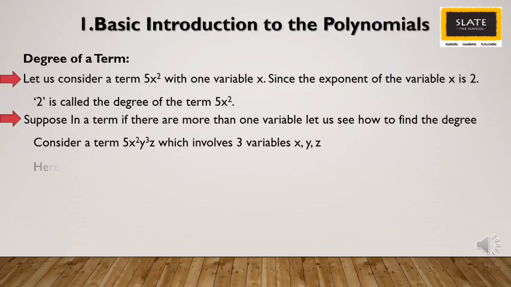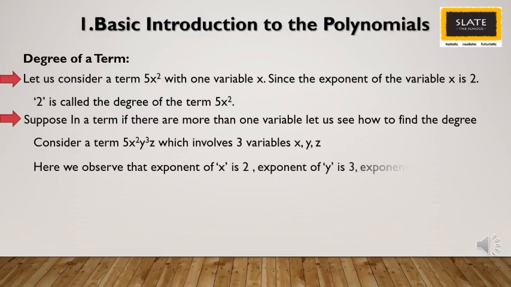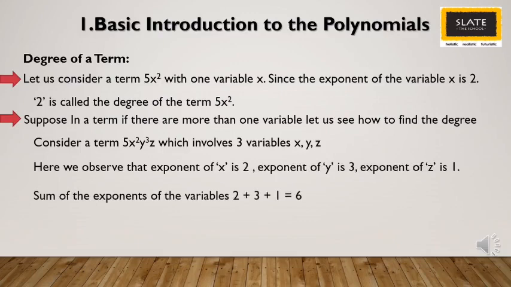Here we observe that exponent of x is 2, exponent of y is 3, and exponent of z is 1. Sum of the exponents of these variables is 2 plus 3 plus 1, which is equal to 6. So the degree of the term 5x square y power 3 z power 1 is 6.